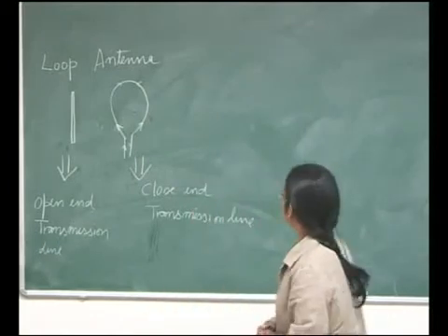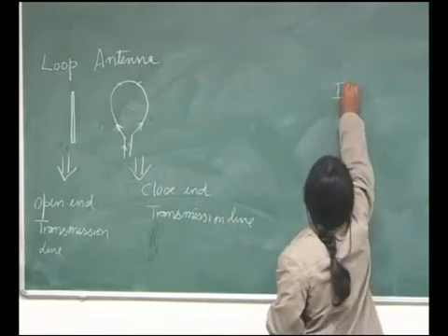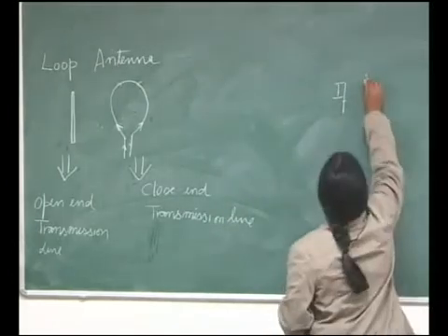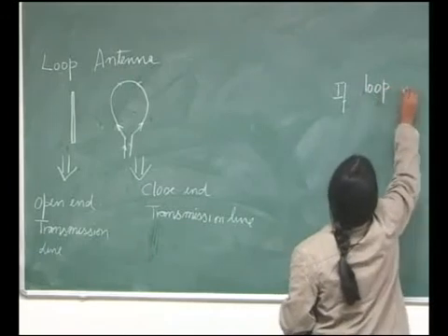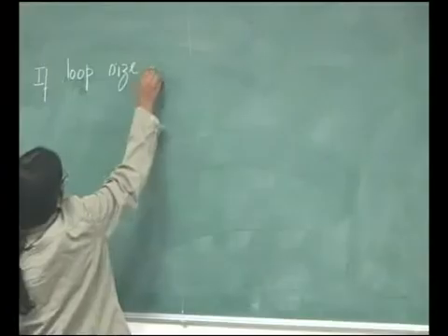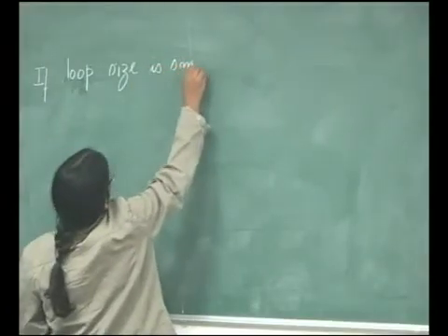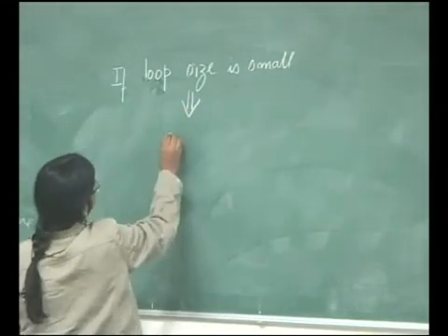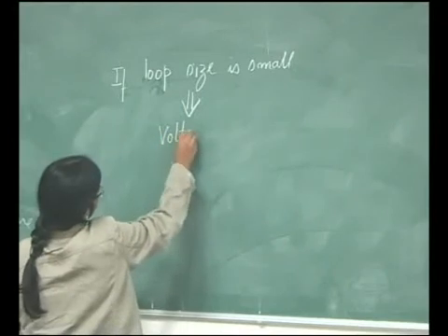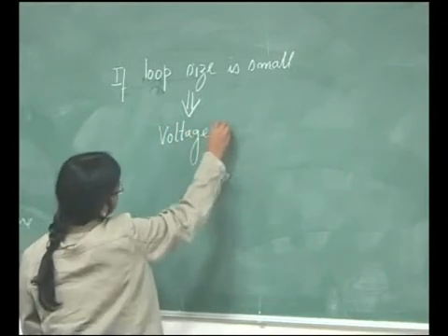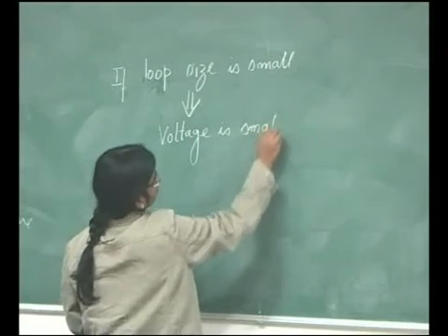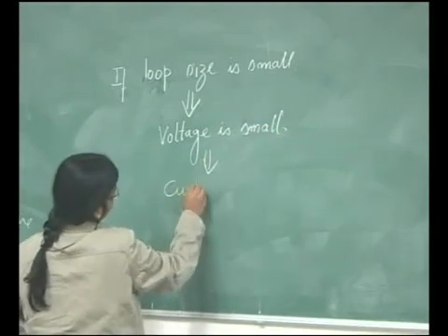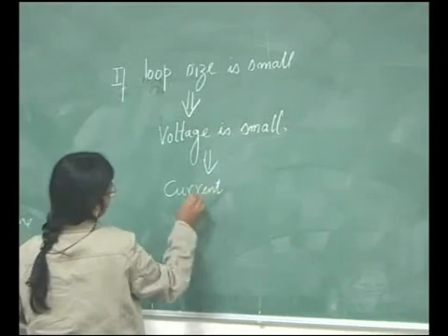So I will write here that if the loop size is small, the voltage over the loop will be small and will have large current.